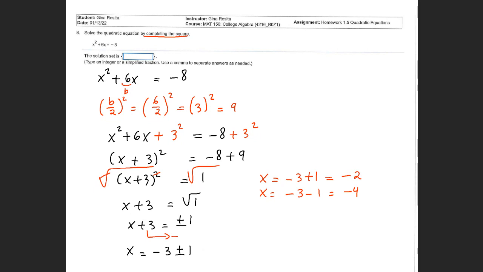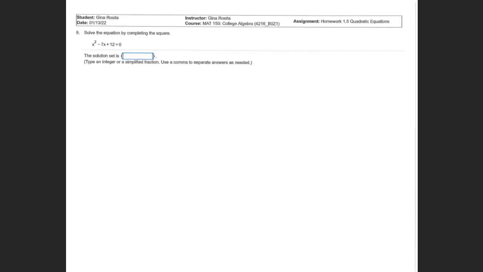Now go to the next one. Solve this equation by completing the square. So now move 12 to the right side. x squared minus 7x plus 12 equal 0. Move 12 to the right side, it becomes minus.